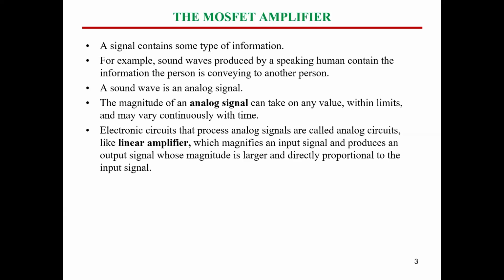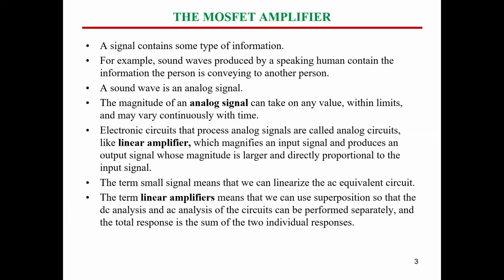Okay, so this is signal amplification. The term small signal means that we can linearize the AC equivalent circuits. What the meaning of linearization is, we are going to discuss more in depth in this part here. The term linear amplifiers means that we can use superposition.